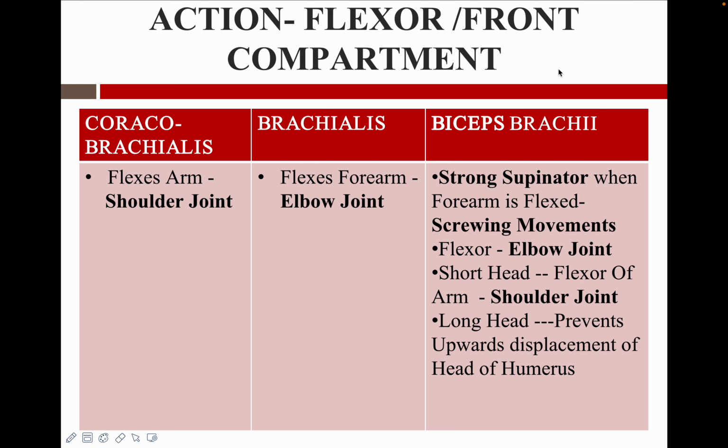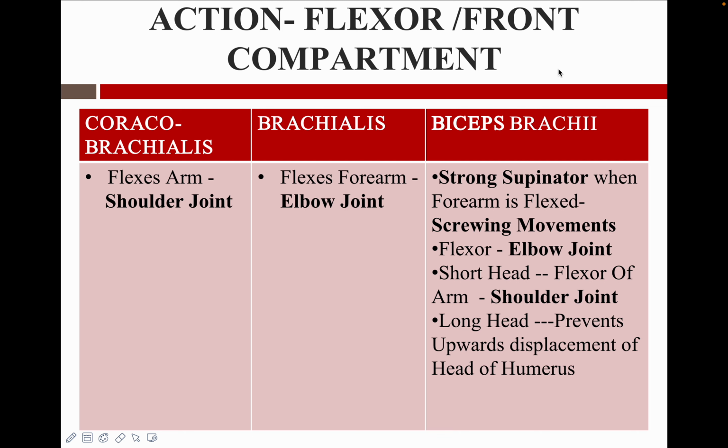So it flexes the arm at the shoulder joint. Brachialis extends up to the ulna, so it flexes the forearm at the elbow joint because it crosses the elbow joint. And the biceps muscle has multiple actions. It is a strong supinator, especially when the forearm is flexed.